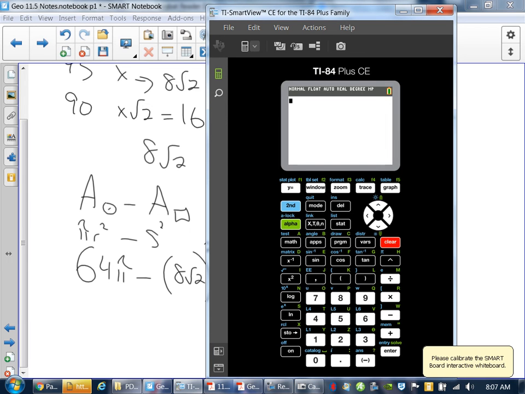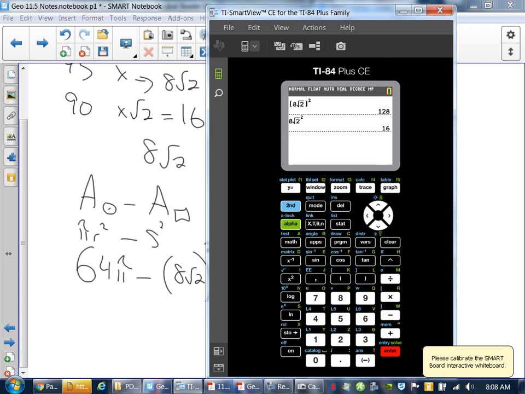So when I type this in, I have to put parentheses around my root to make this work. That's how I have to do that, because if I don't, it's 16. You get two different answers.